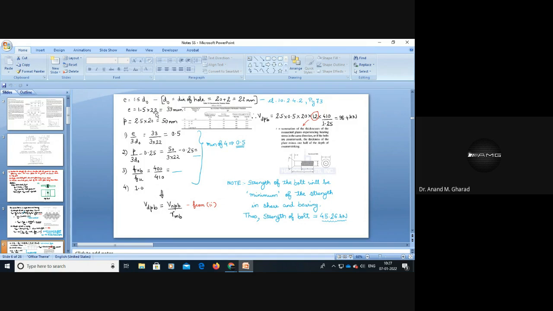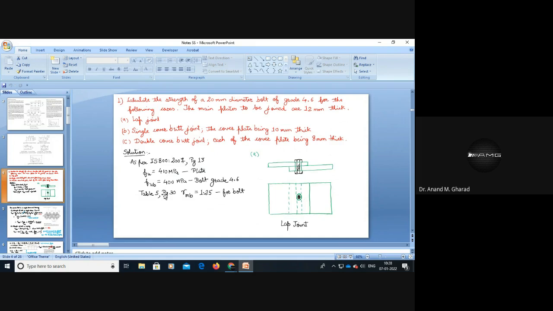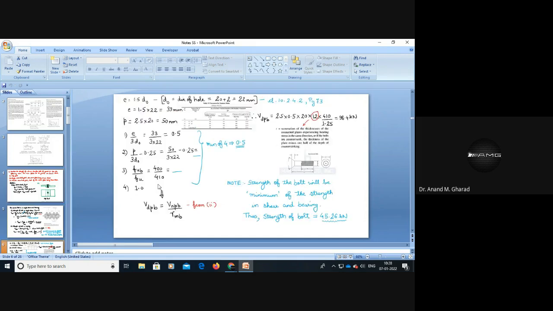Now after finding out the e and p values, you are supposed to identify these parameters: e divided by 3d naught, p divided by 3d naught minus 0.25, and you know what is fub and fu, that you have already mentioned in the first given condition, right?